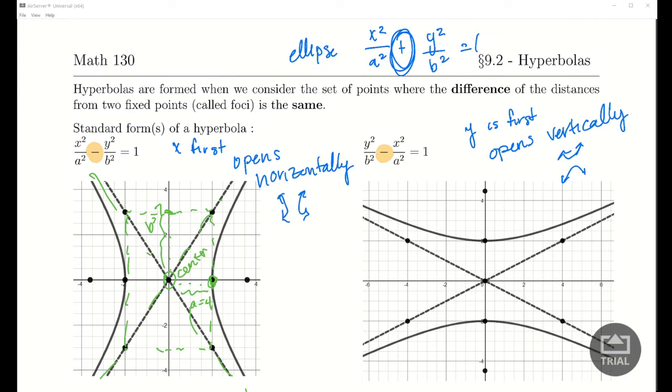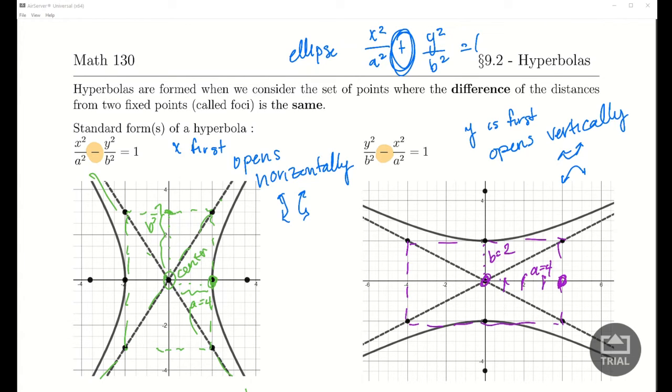We can look at the same thing in the one on the right here. You can see this box, right? So here's your center, and you go out 1, 2, 3, 4. Oh, sorry, B is just 2. The scaling here is 2. And then in the x direction, that's 1, 2, 3, 4. So A is 4.